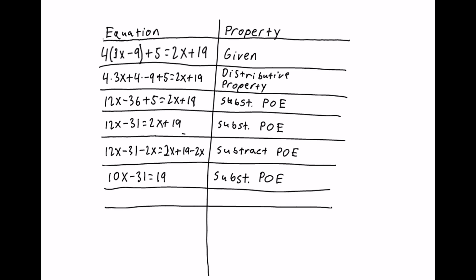Then we have minus 31 here, so add 31 to both sides. 10x minus 31 plus 31, and then plus 31 on the other side as well. So again, that would be the addition property of equality.